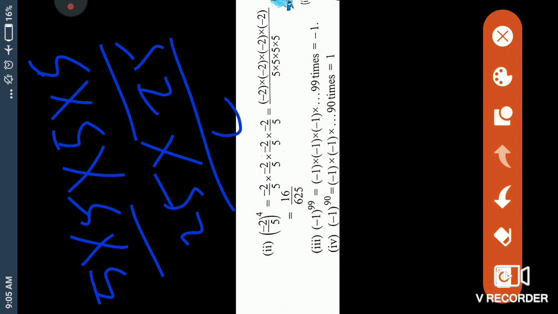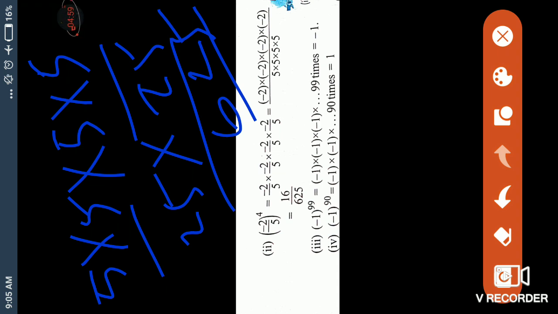If minus is in the base, like here minus 2, and the power is even, 4 is an even number, then the answer will be positive. 2 times 2 is 4, 4 times 2 is 8, 8 times 2 is 16, and 5 times 5 is 25, 25 times 5 is 125, 125 times 5 is 625. If you don't know the multiplication tables, you will multiply it step by step. So it will come 625. Understand?